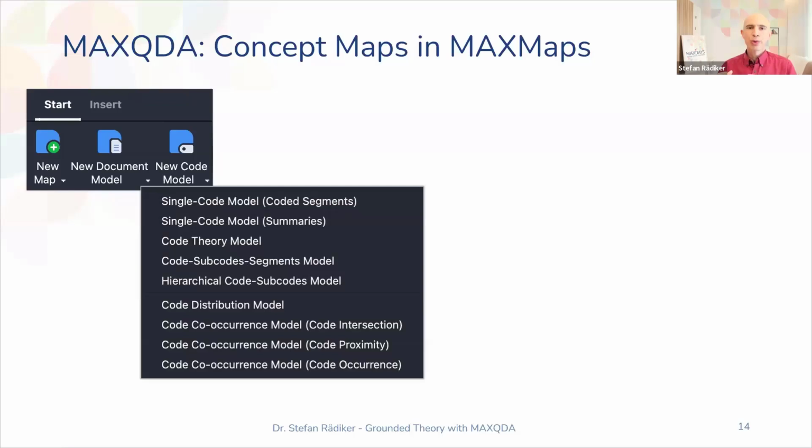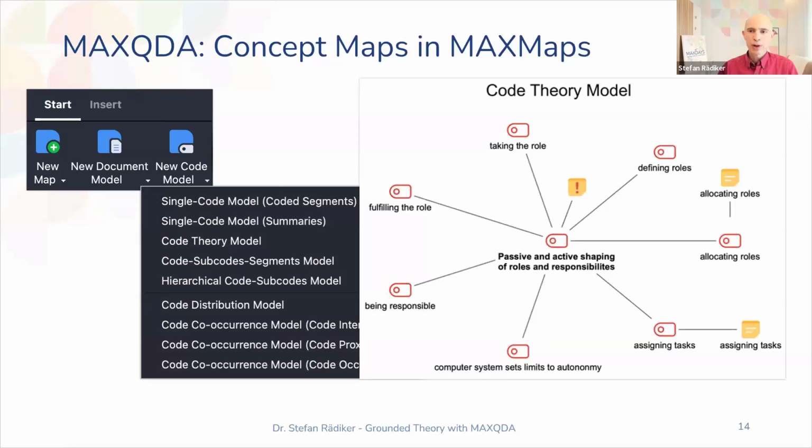And you could use those templates to create relations between the different parts of your data to further develop your theory. For example, you could create this code theory model, which is done in a few mouse clicks, and which is very easy to create in MaxMaps. And then you can further develop your theory from it. Please note that this is not the final theory, it's just a step to creating the final one.